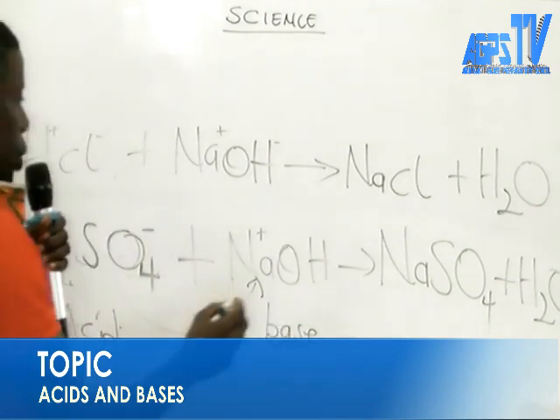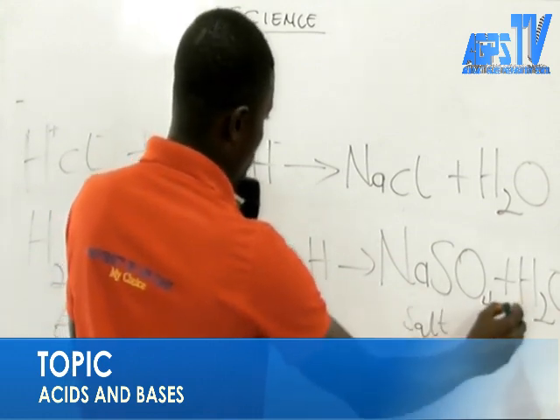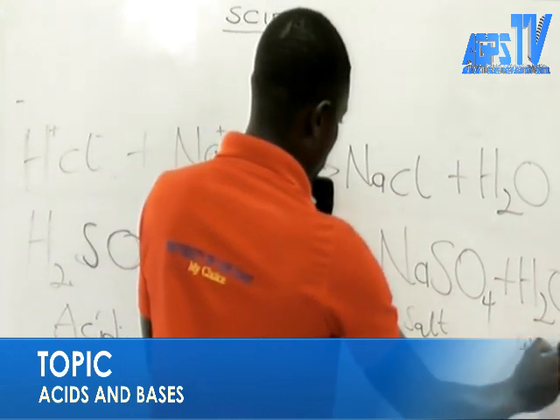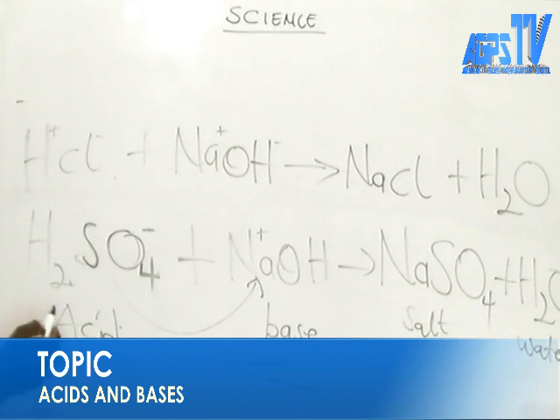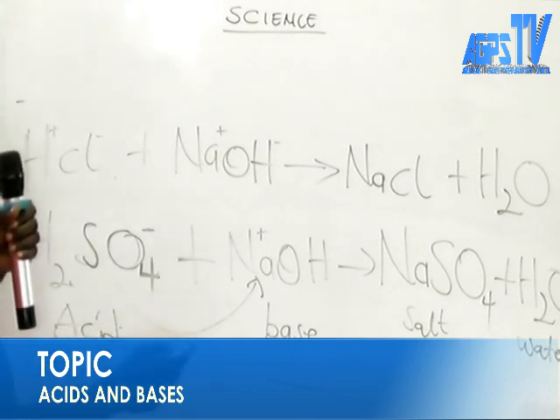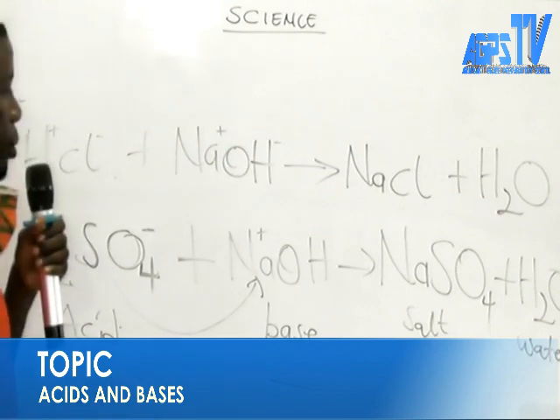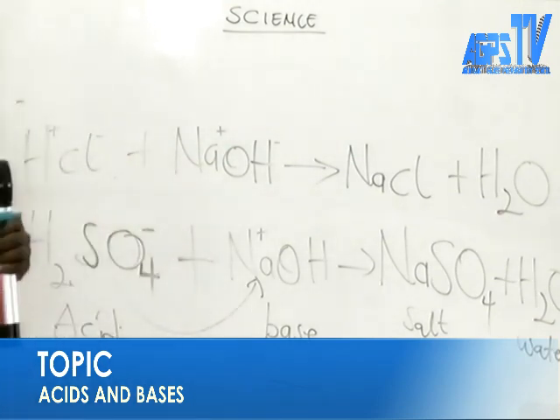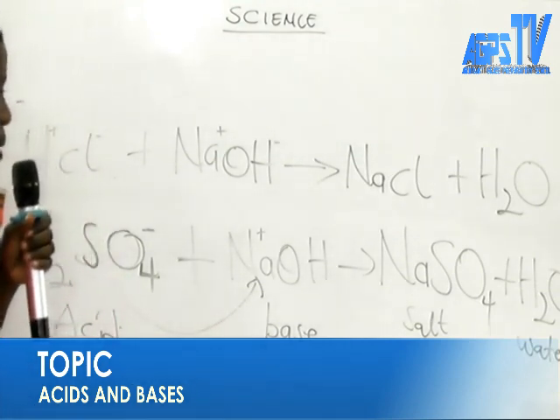So here, sodium sulfate is the salt. And we already know that H2O is water. So acid reacts with base to produce salt and water. And this reaction is known as neutralization reaction. They normally ask this question.